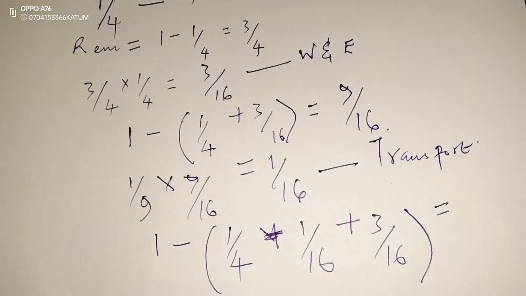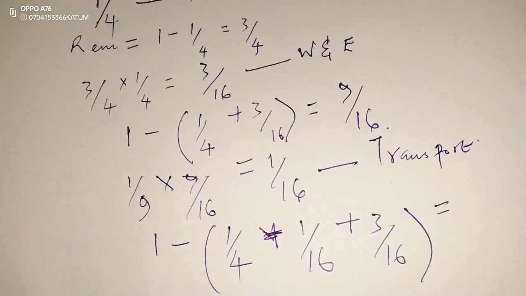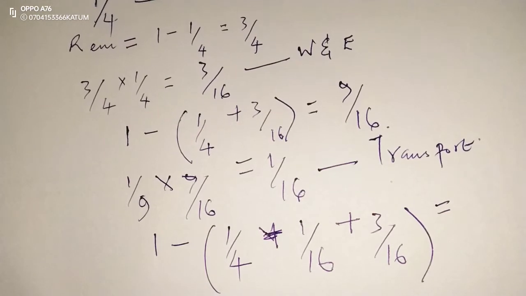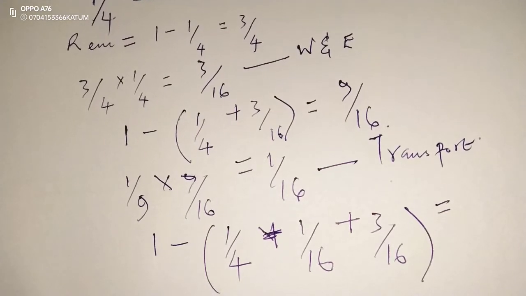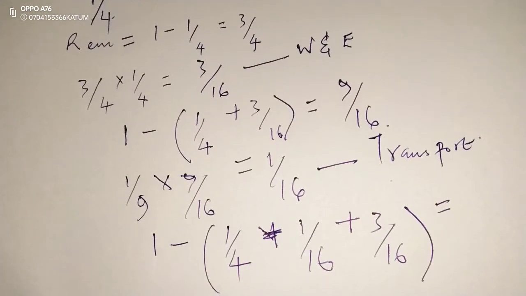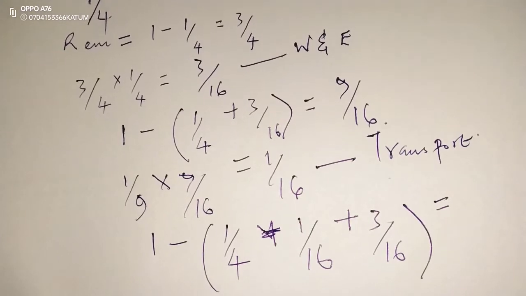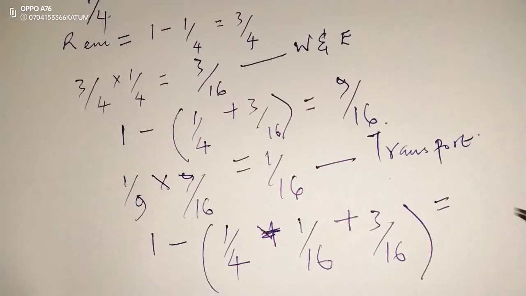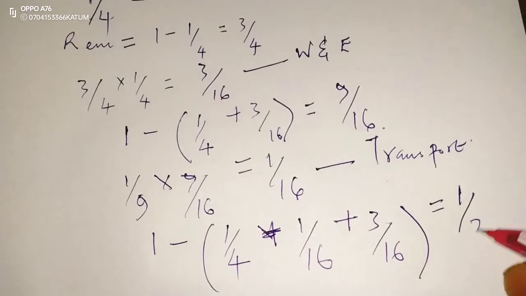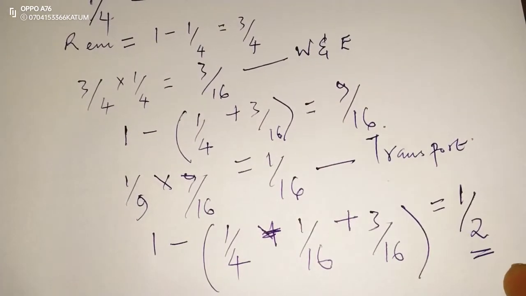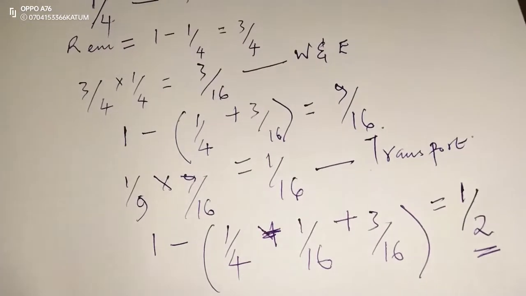Let's check the fraction we will remain with: 1/4, 1 over 16, and also 3 out of 16. So I'm remaining with 1 out of 2. So this is the final remainder in the fractions.